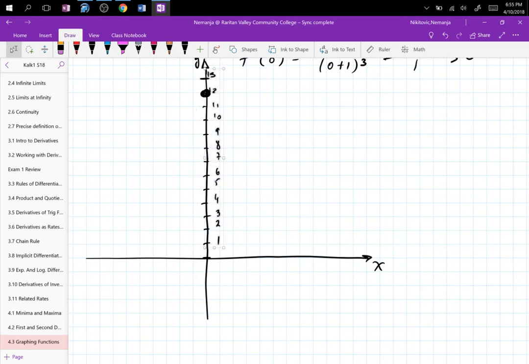I'm just going to move these values to the other side. There we go. Because I need a negative 1/2 asymptote, and that's right here.